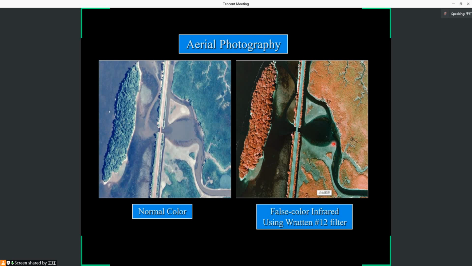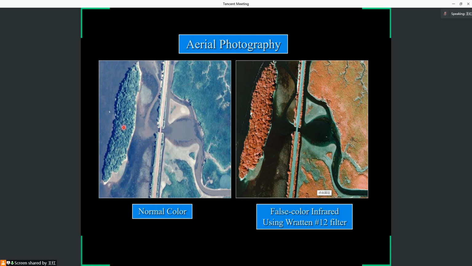How to display in normal color or in false color, we will learn in the exercise next time. Today we just give you some introduction.